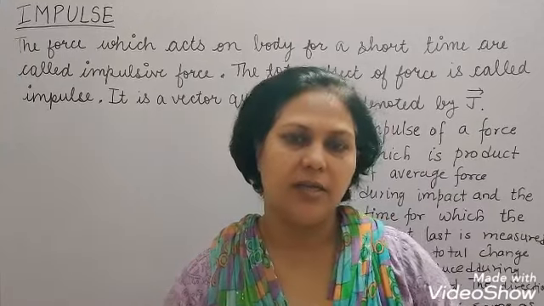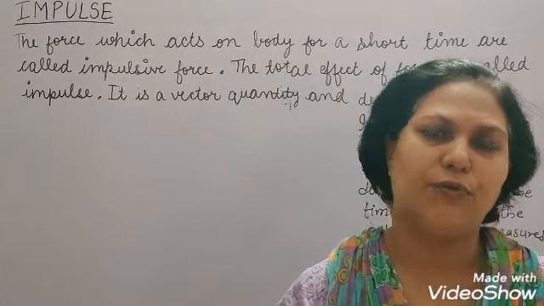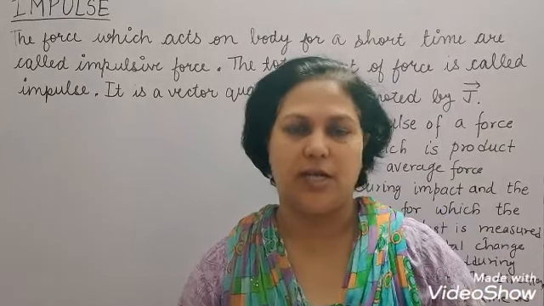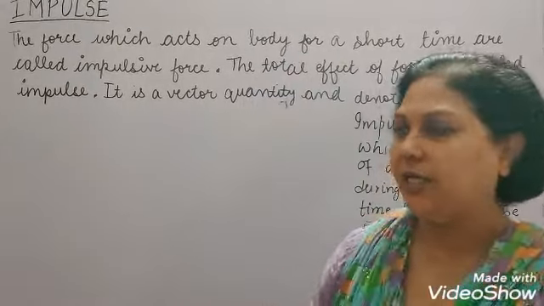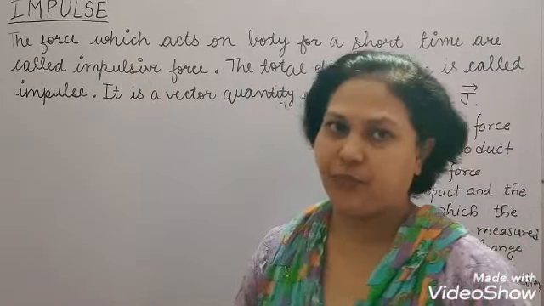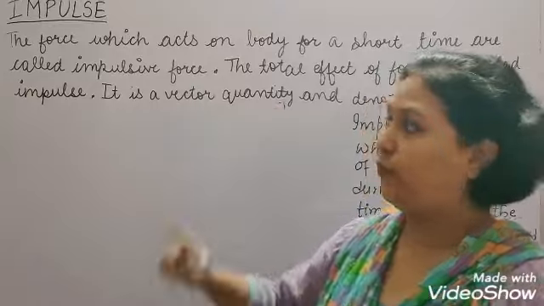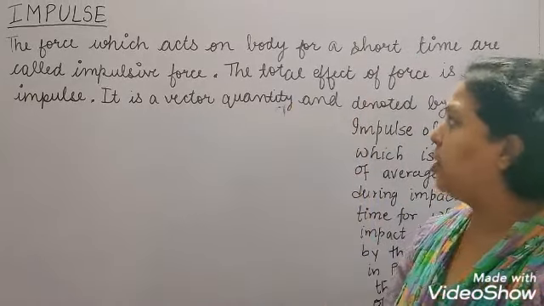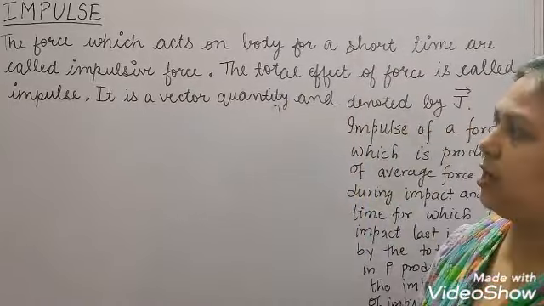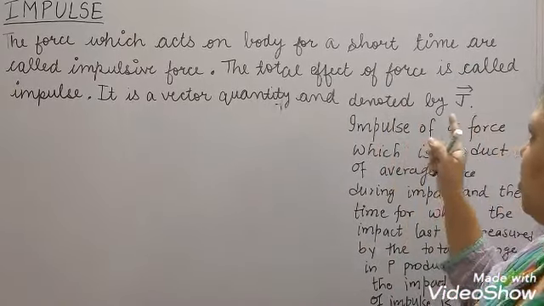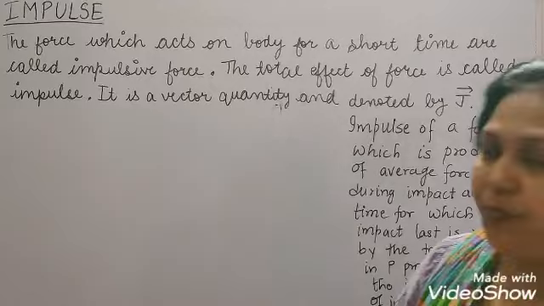To understand the application of Newton's second law of motion, we need to understand a physical quantity called impulse. We will define impulse here. The force which acts on a body for a short time is called impulsive force, and the total effect of the force is called impulse.